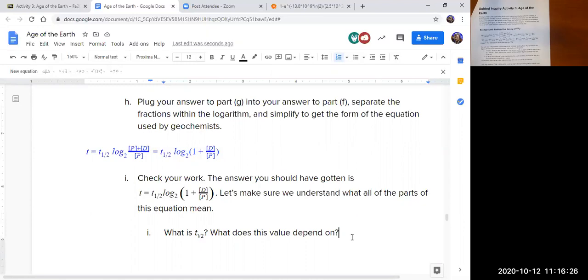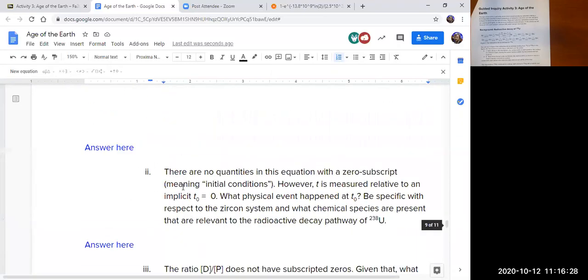That's the point there. Second question here. There are no quantities in the equation with a 0 subscript meaning initial conditions. However, T is measured relative to an implicit T0 equals 0. What physical event happened at T0? Be specific with respect to the zircon system.